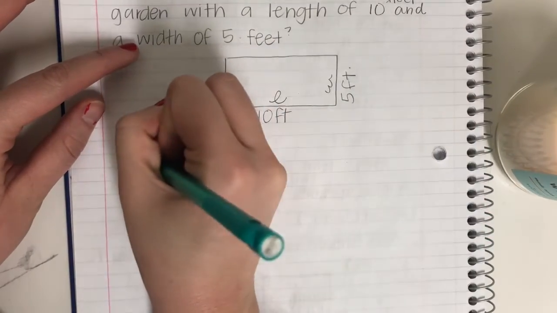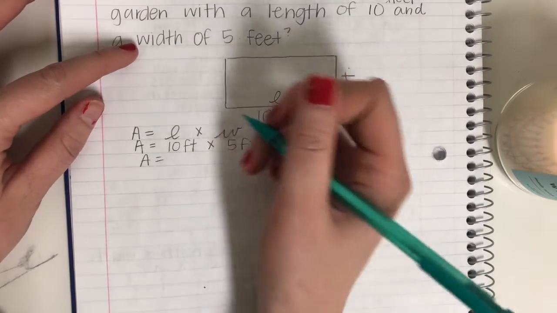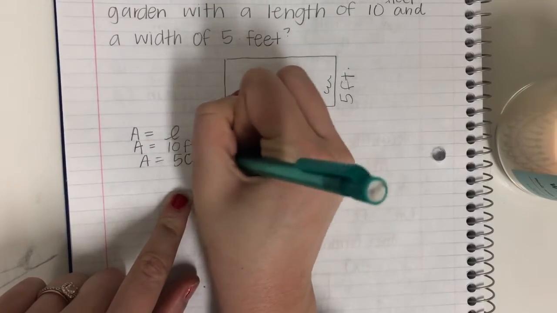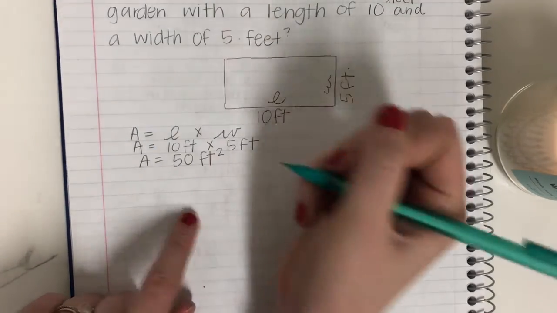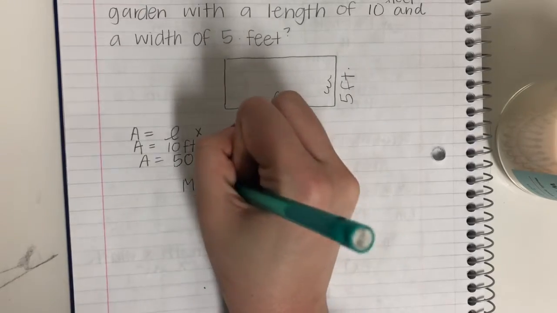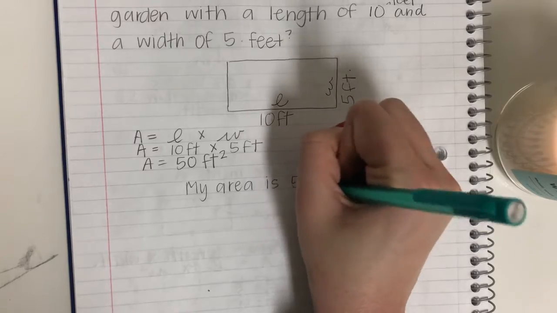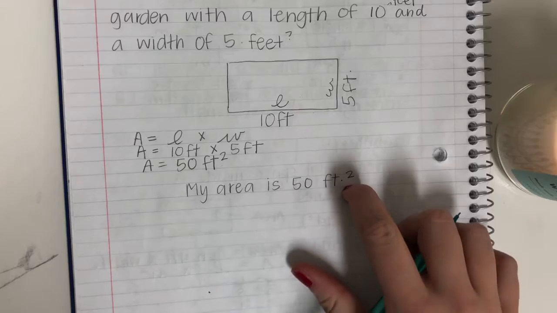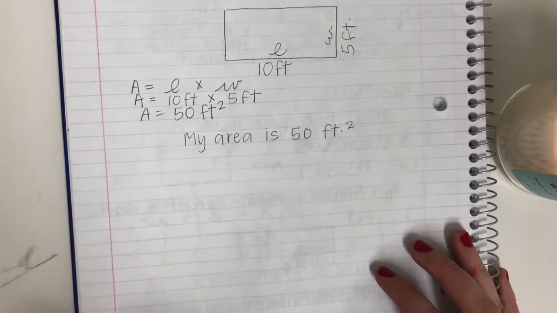And that will give me what? A equals 10 times 5. We can just do 5 times 1 and then add a 0. 50 feet. And because there's 2 of them, it's now going to be squared. So my area is 50 feet squared. And my 2 is like a tiny 2 up at the top. Hope you can see that.